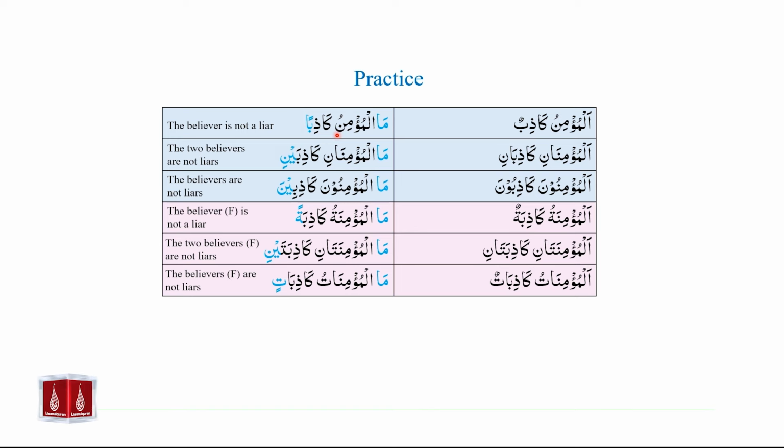The khabar is being converted from marfu to mansoob. Please also recall that a mansoob ism that has double zabar on it, the way we will write it is we will add an alif towards the end. Al-mu'minani kazibani. Please focus on the ani ending sound. Ani ending sound indicates dual and rafa status.